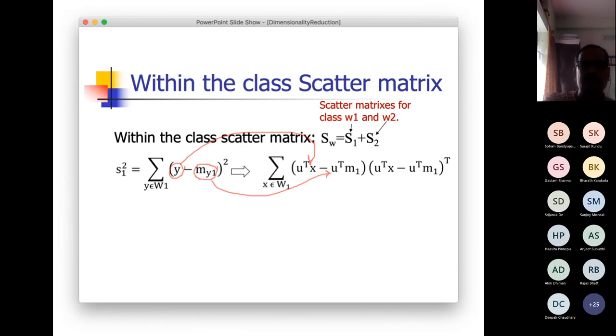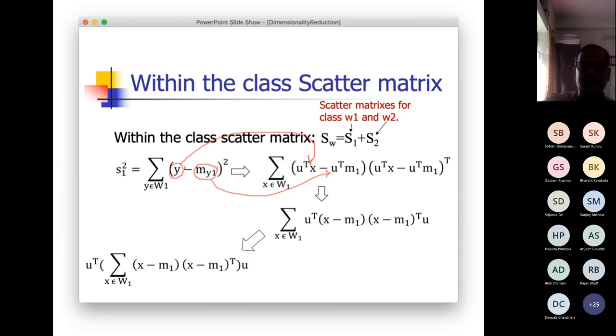Actually, it's a square. If I use the column vector representation, this transpose should be in a different order. So anyway, bear with this convention. In this case, it is considered as a row vector representation, but usually we take column vectors, so it should have been reversed. So dimensionality, you have to always check. You can bring u transpose u out of them in this fashion with the linearity operations.